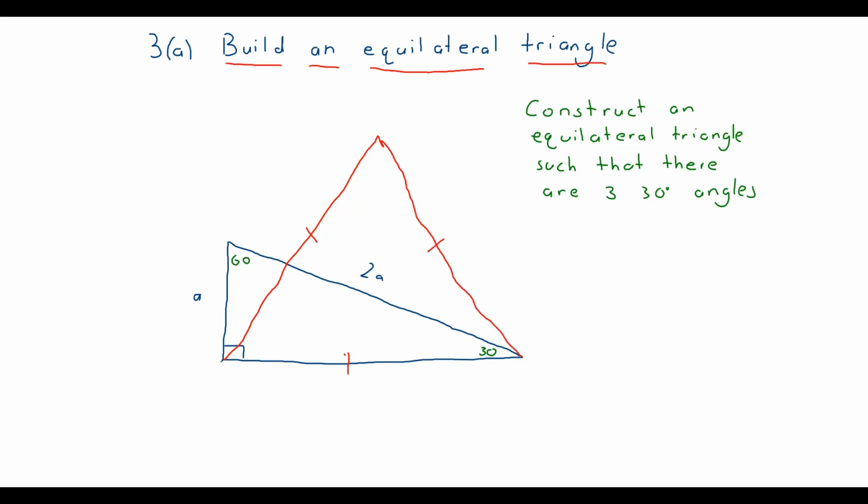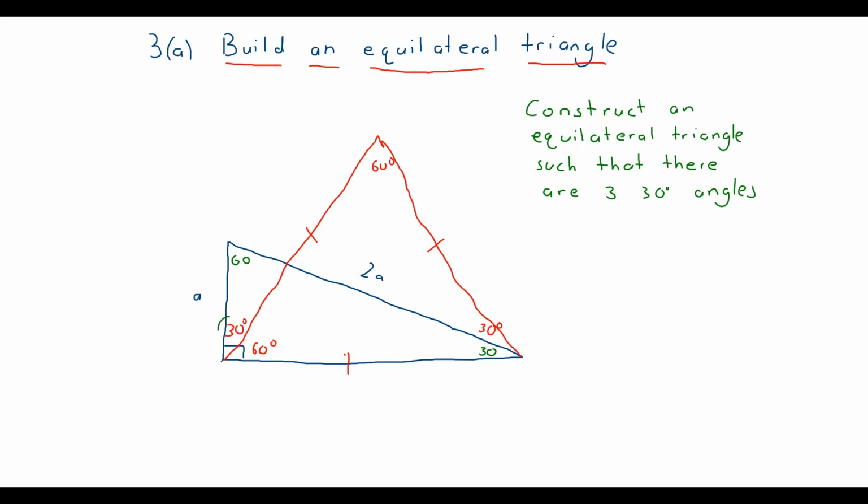And I know that that's 60 degrees, that's 60 degrees by definition of an equilateral triangle. So that's 30 degrees because 30 and 60 is 90. And I know that this is 30 degrees as well because 30 and 30 is 60. And we've completed our task.